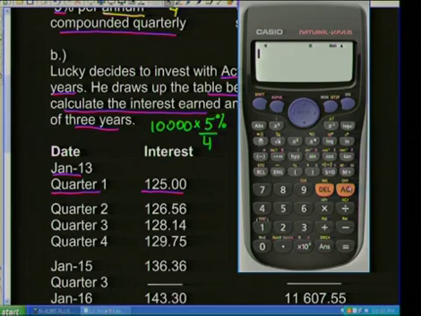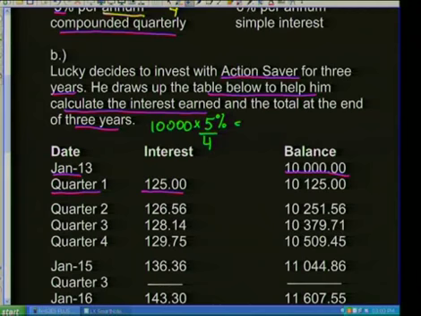You can do this in a number of ways. You can work out the 5% and then divide it by 4, or you can use a fraction. I'm going to use a fraction because I have a fraction button. So 10,000 Rand times 5%, and that 5% needs to be divided by 4. And that's where he gets 125 Rand.